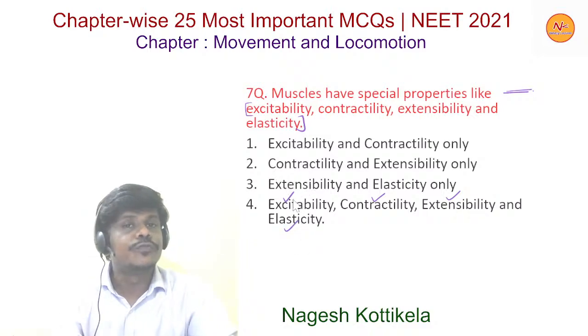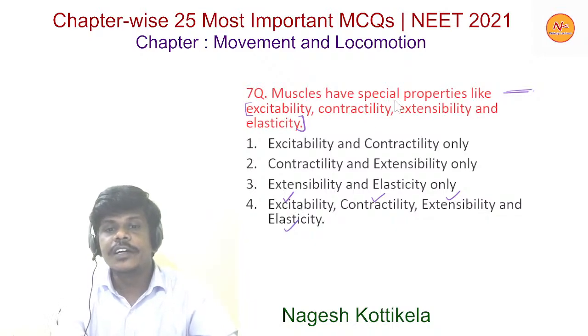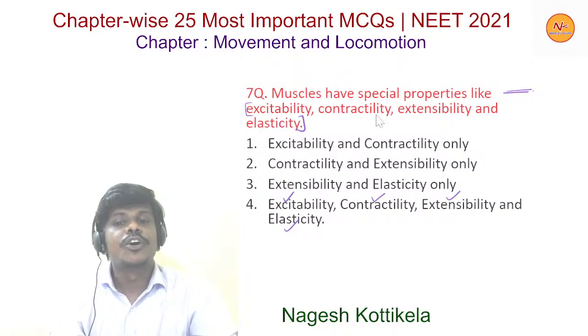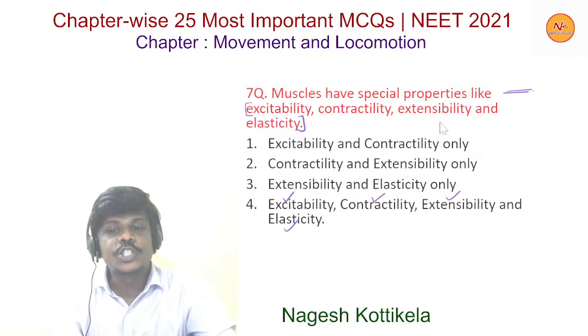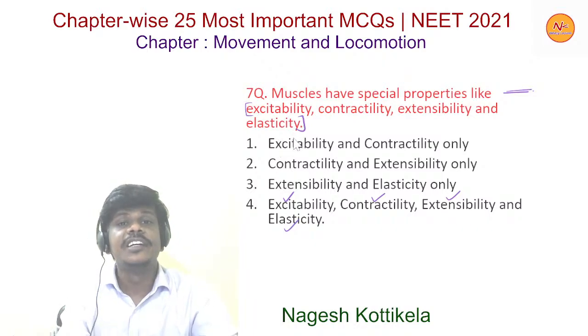These are the 4 different types of properties shown by the muscles.